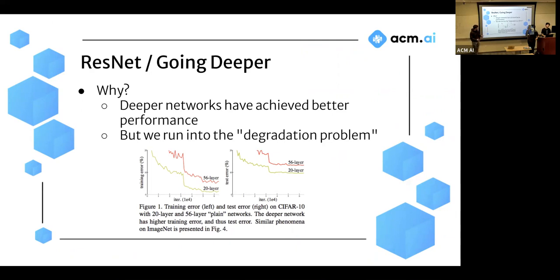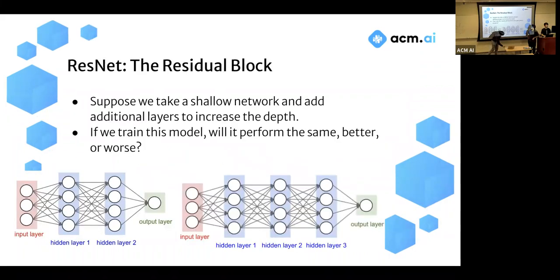But we run into what is called a degradation problem, where at a certain point we start to get diminishing returns: adding more layers, the increasing computational cost doesn't really justify the performance increase. And up to a certain point, it actually starts to do worse. So suppose we take a shallow network and add additional layers to increase its depth. If we train this model, will it perform the same, better, or worse?